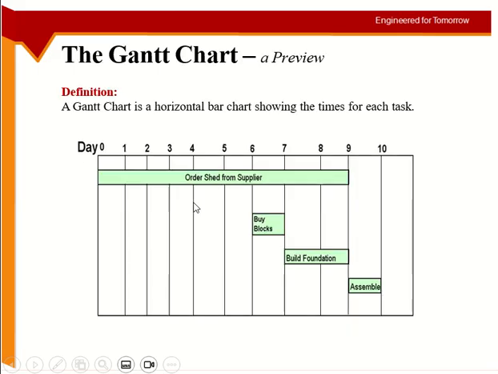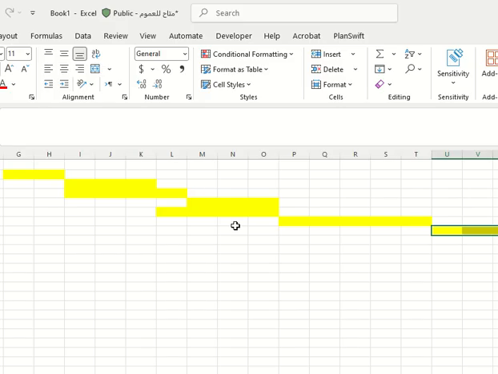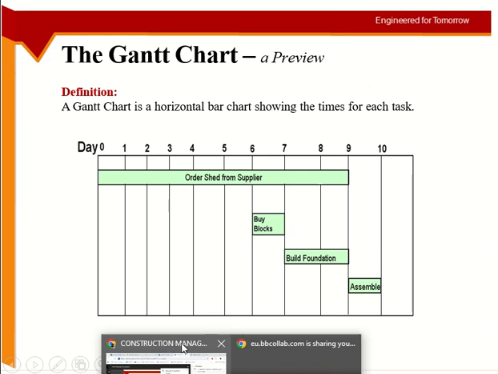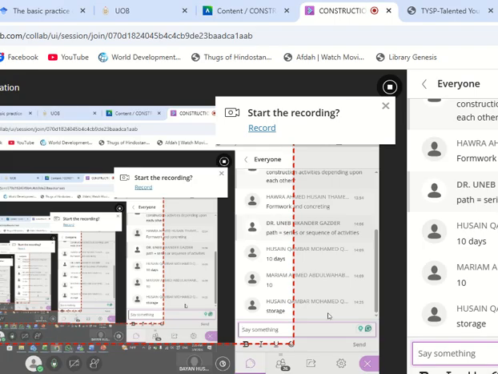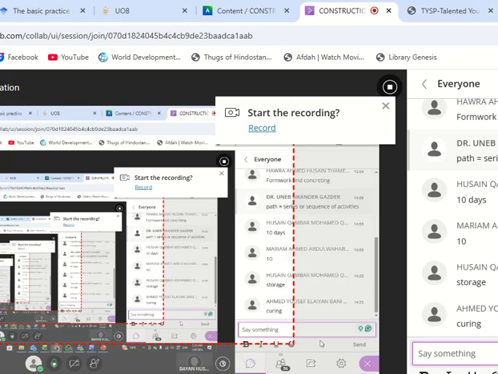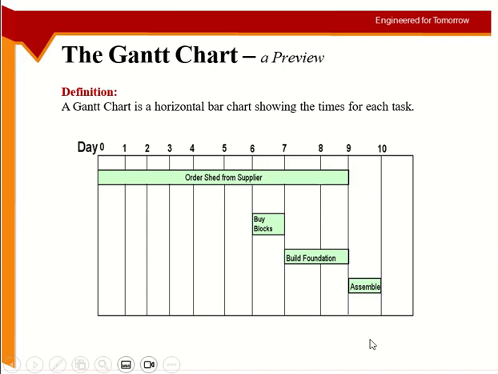Anybody remember why we did that? Curing, yes. We shifted to give time for curing. And storage, yes, I mentioned something about storage as well. I will reiterate.